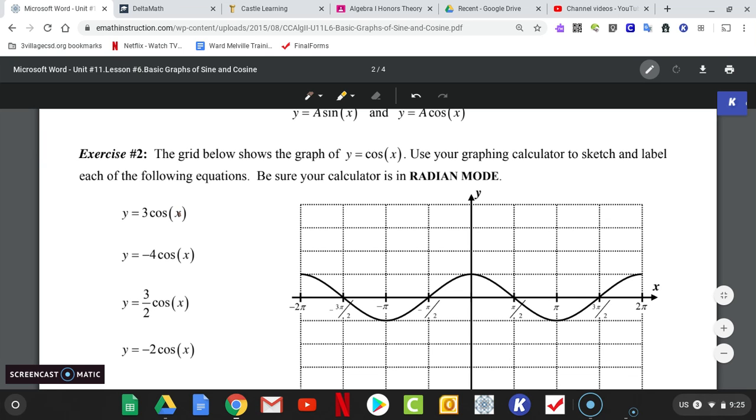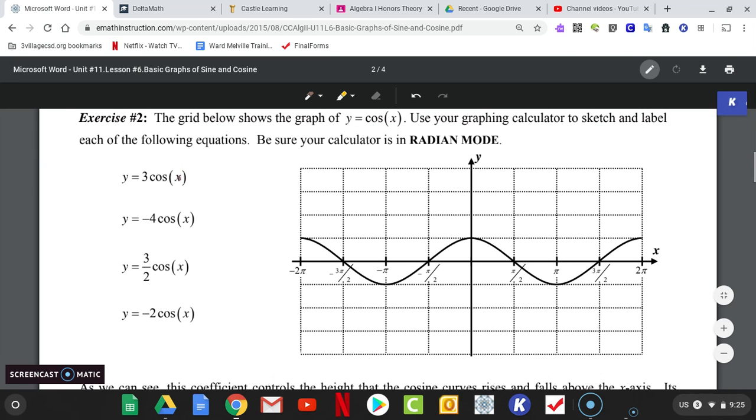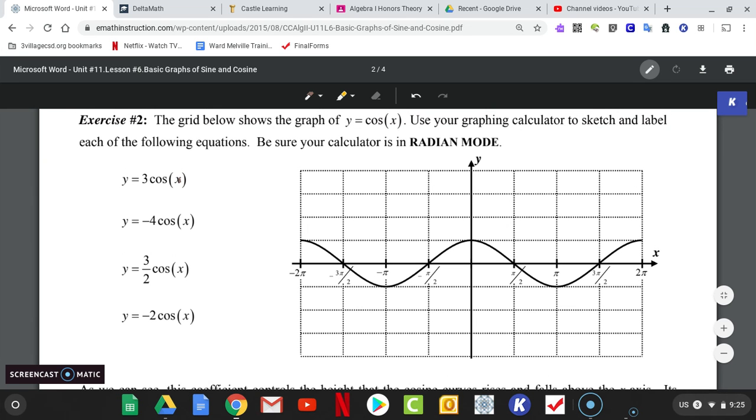So use your calculator, sketch and label each of the following equations. Be sure the calculator is in radian mode. I'm going to let you go ahead and mess around with that on your calculator. I'll do a rough sketch of it here, but type these all in your calculator and get a little rough sketch of it.